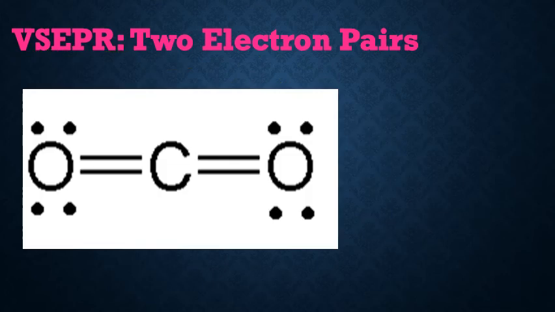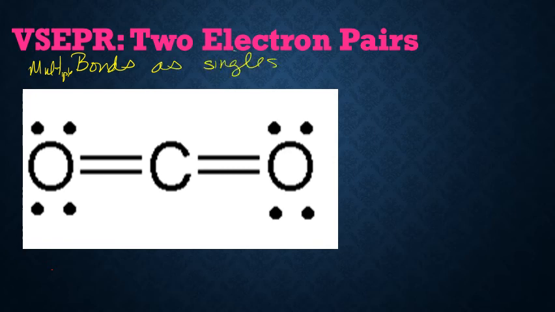Okay, so carbon dioxide is a classic 2 electron pairs molecule. For VSEPR, key point, huge, pay attention, don't fall asleep on me, key point: these bonds, we treat multiple bonds as singles.